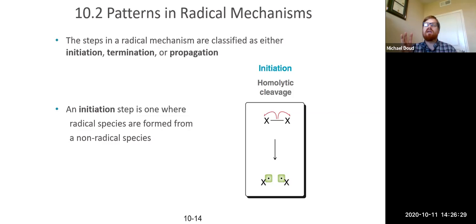And this is all about how you generate a radical, and then once you have a radical, does it keep making more radicals or does it end? So initiation is where you take a non-radical species like a halogen, like this could be chlorine or bromine, for example, and you split them up and you make two radicals. So now we have our radicals, we can do our radical chemistry.